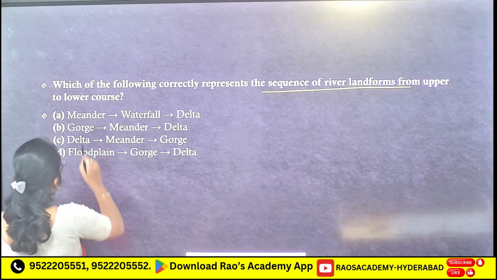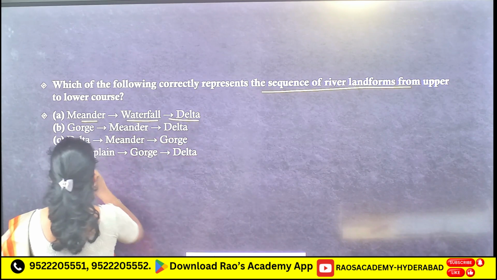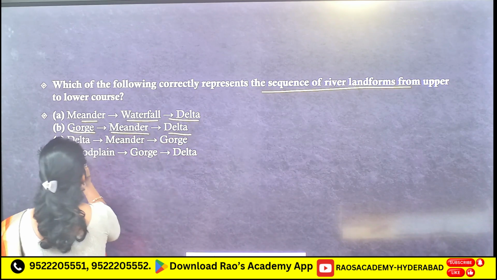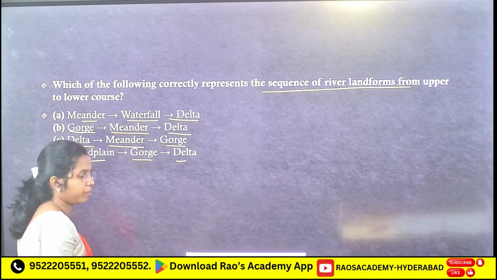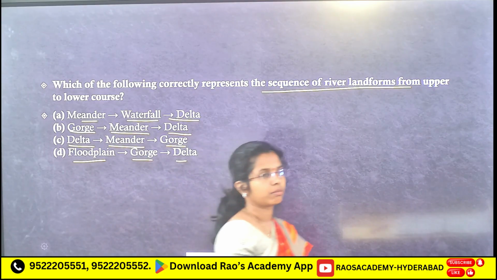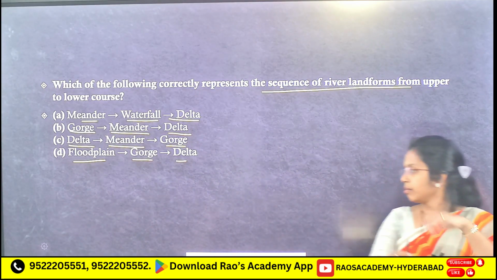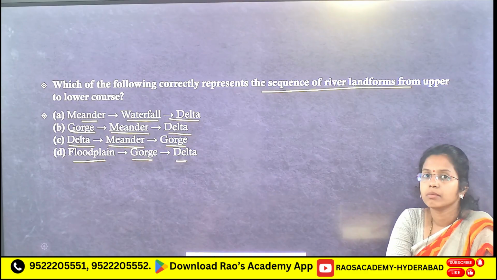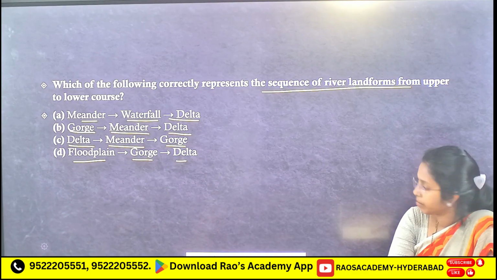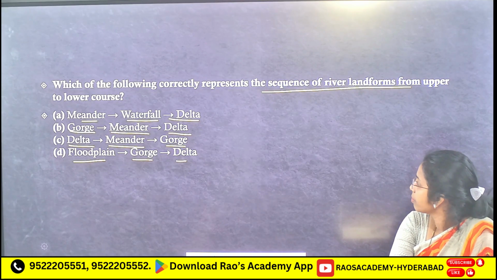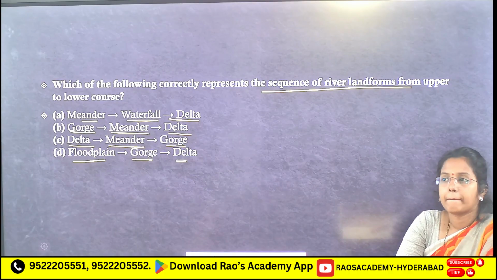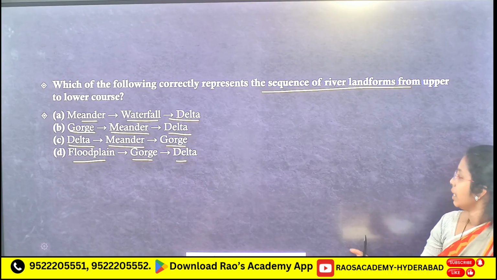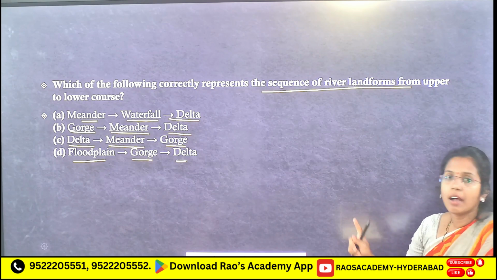A: meander, waterfall, delta. Others: gorge, meander, delta; delta, meander, gorge; floodplain, gorge, delta. First, valley.